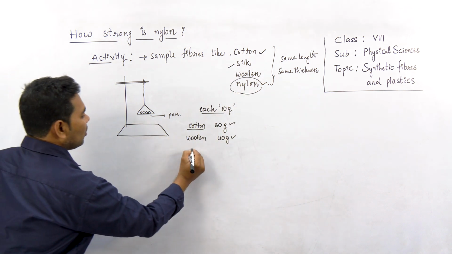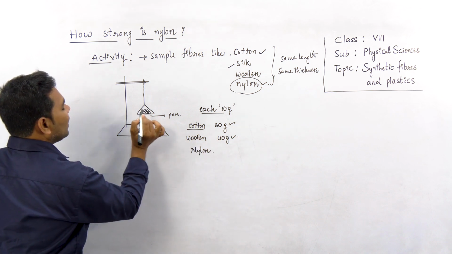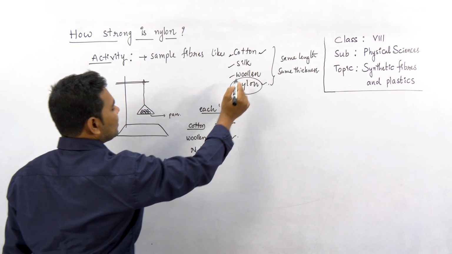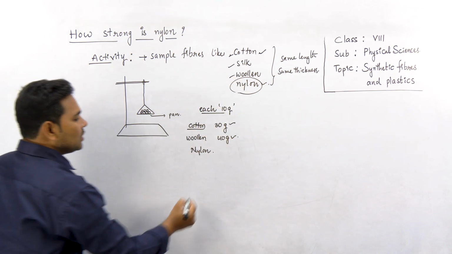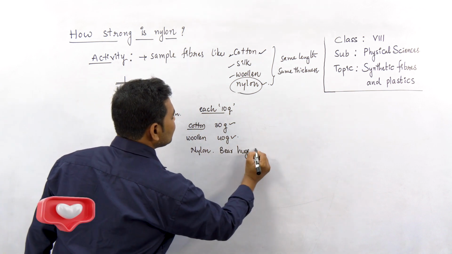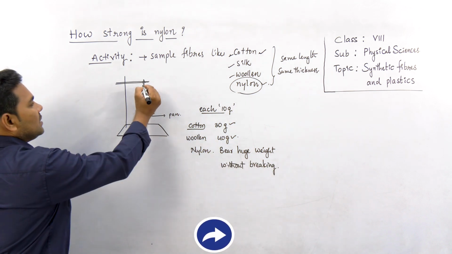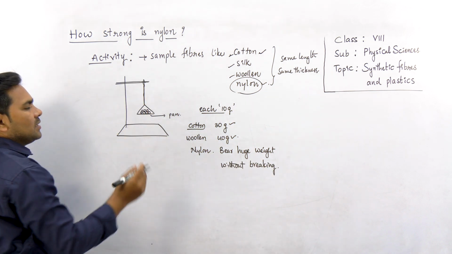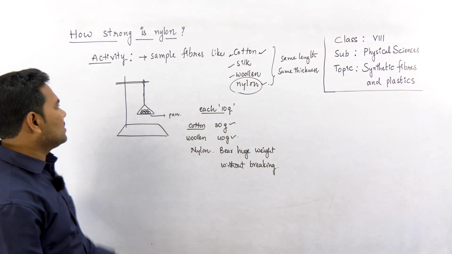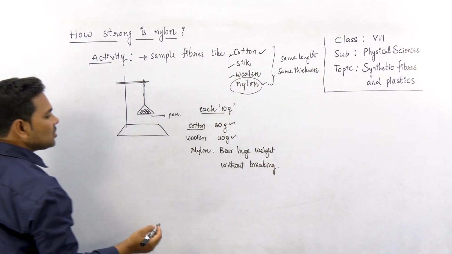If you use nylon, this nylon can bear very large weights when compared to all the natural fibers that we see here. So this can bear huge weights, a greater weight without breaking. Because of this strength, nylon is used in various cases, right? Now if you compare, among these, nylon is very strong, right?